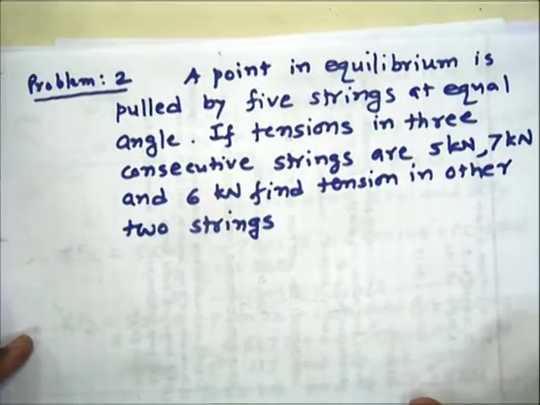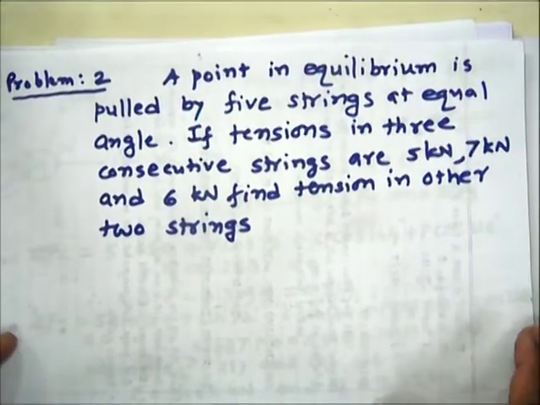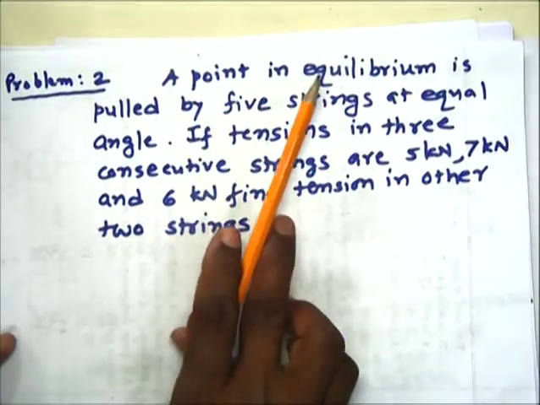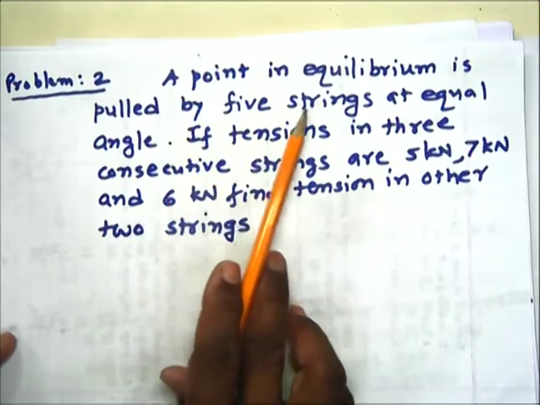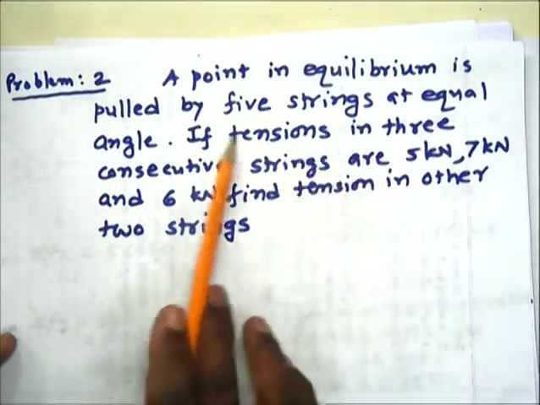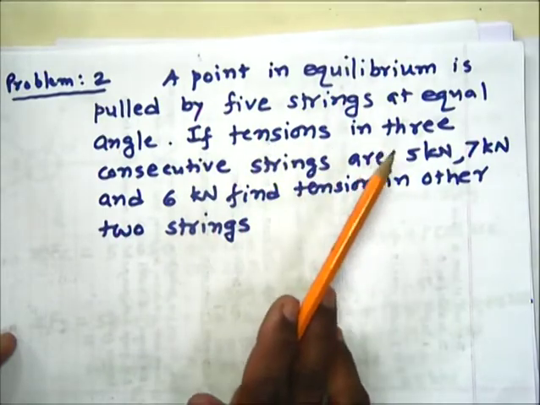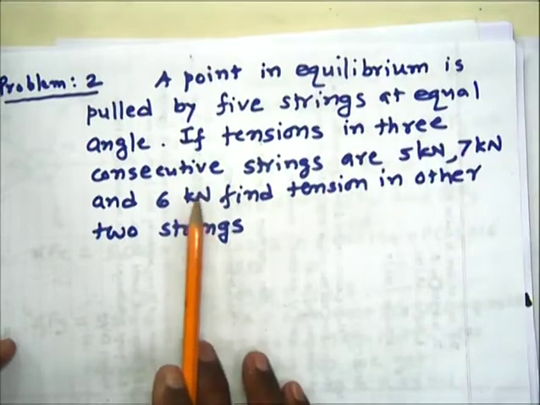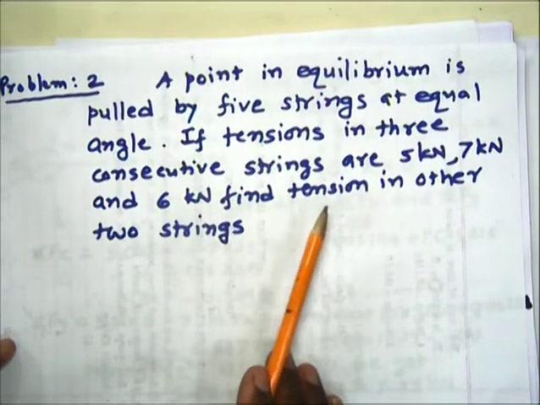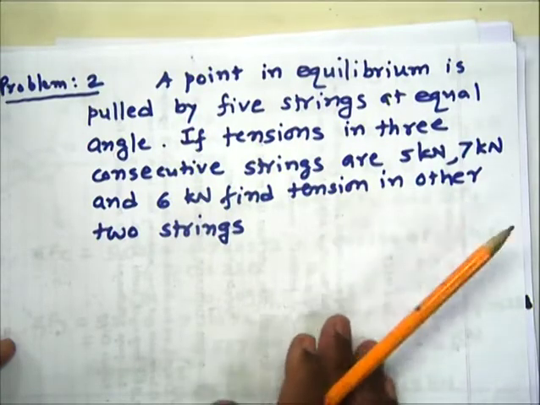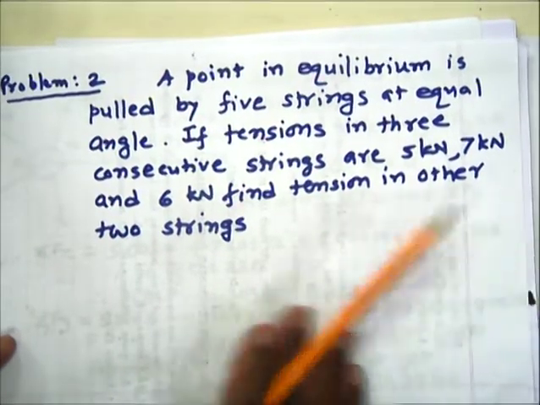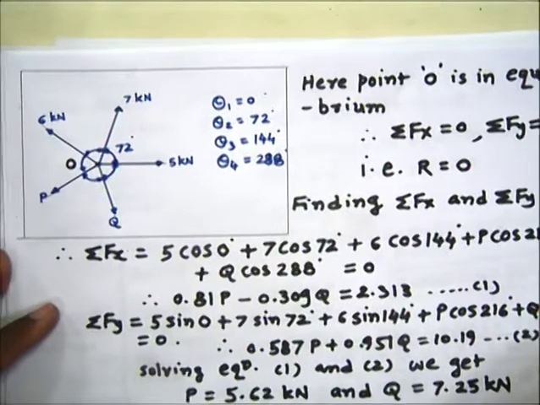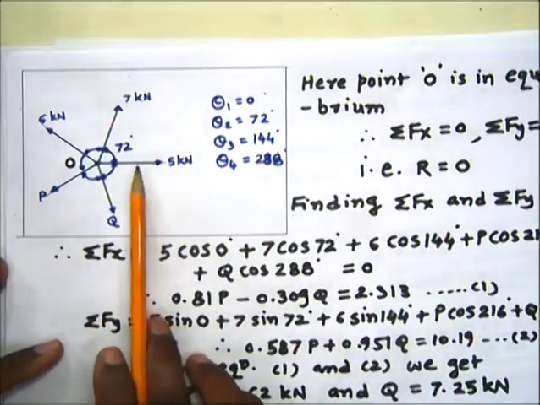Now taking one more problem on equilibrium. Say you are given a point in equilibrium, pulled by 5 strings at equal angles. If the tensions in 3 consecutive strings are 5 kN, 7 kN and 6 kN, and you are asked to find the tension in the other 2 strings, you first have to draw the figure.